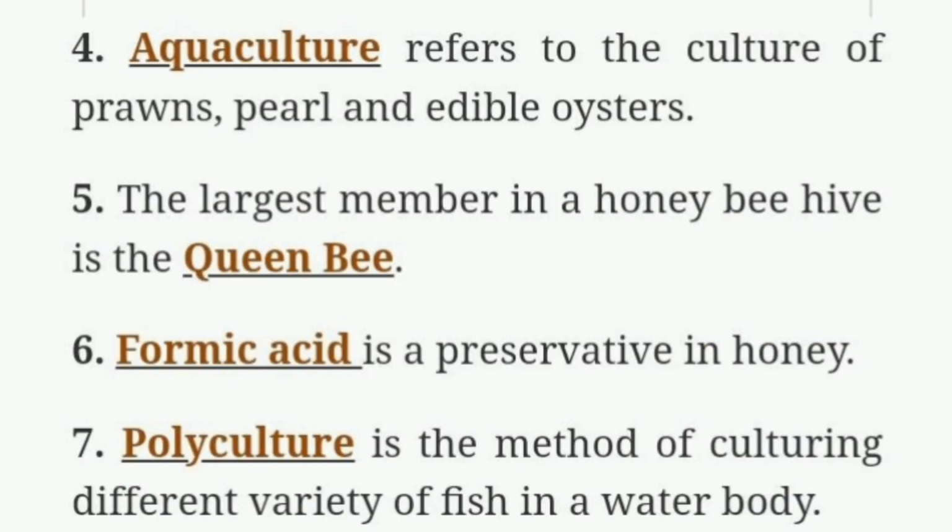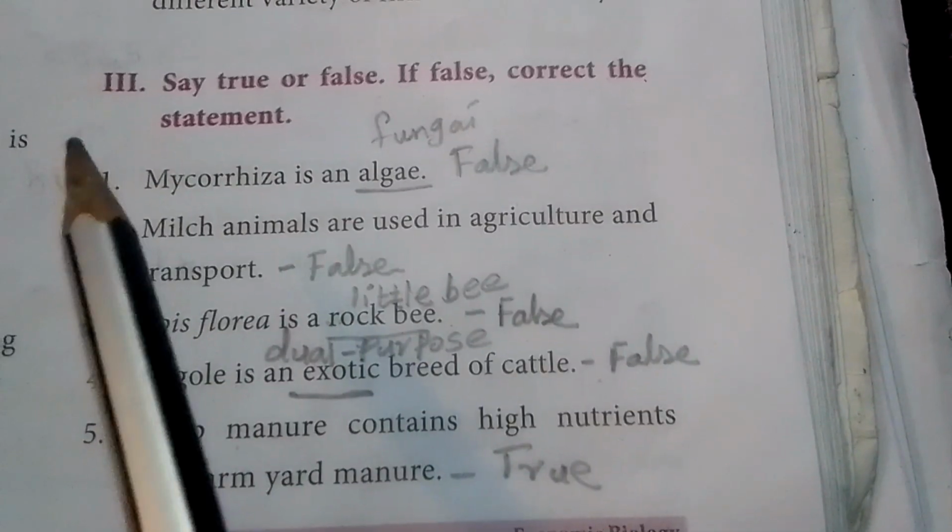Fourth one, dash refers to the culture of prawn, pearl and edible oysters, aquaculture. Fifth one, the largest member in a honeybee hive is the queen bee. Sixth one, dash is preservative in honey, formic acid. Seventh one, dash is the method of culturing different variety of fish in a water body, polyculture.